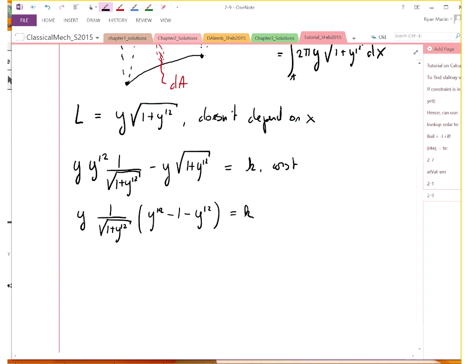So the y prime squared and the parentheses cancel, and you square the thing. So I have y squared times 1 over 1 plus y prime squared equals k squared.